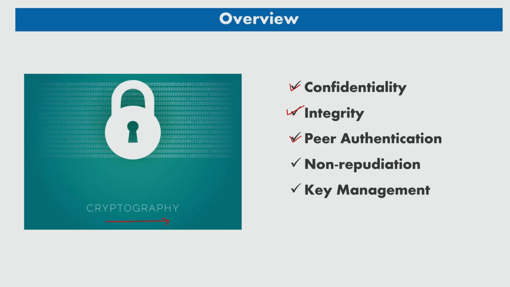Third is peer authentication. This refers to the assurance that the other entity is who they claim to be. Then non-repudiation, which is a proof of the integrity and origin of data. The sender cannot repudiate that he or she is the person who sent the data. And the last one is key management, which is the generation, exchange, storage, safeguarding, use, vetting, and replacement of keys.